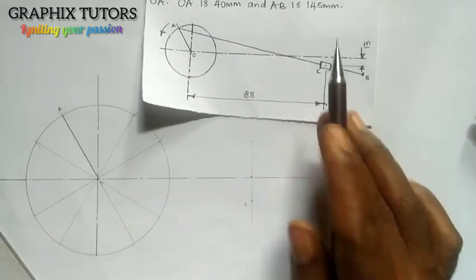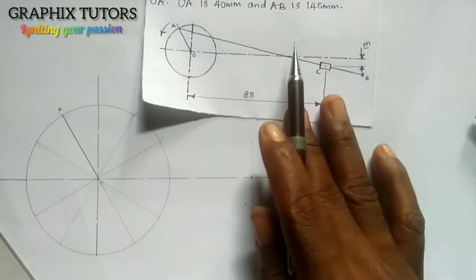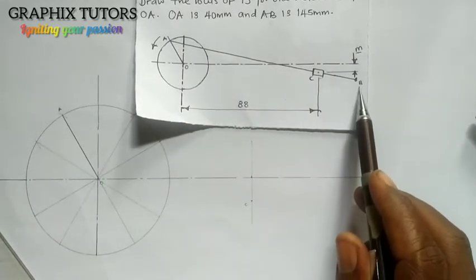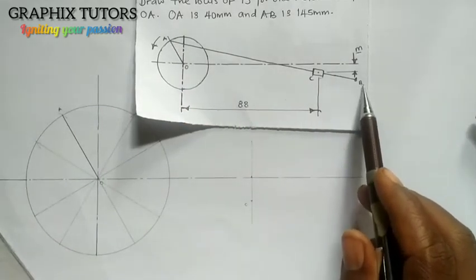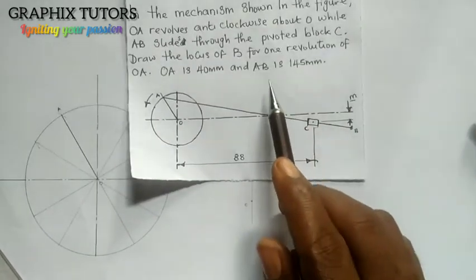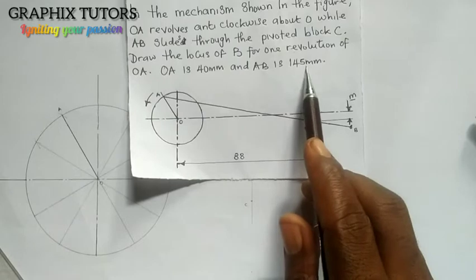Now I'll measure a line from A, somewhere around here. This is A and this is B, and we're told AB is 145.